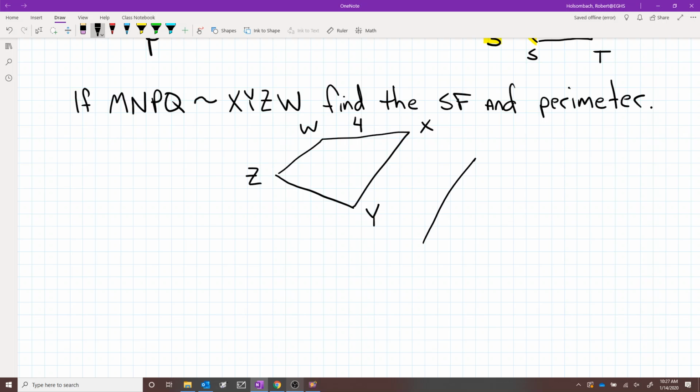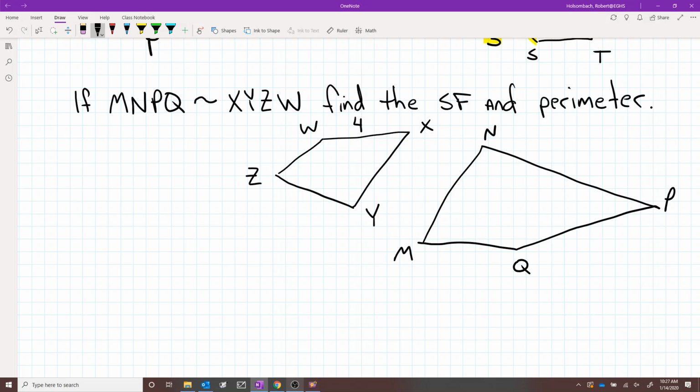Here's your other shape, a little bigger. MNPQ and side MN is 9, MQ is 8, QP is 7, and NP is 10.